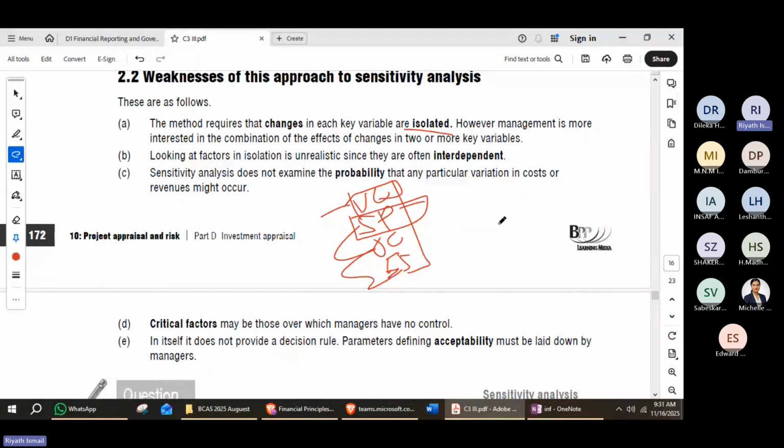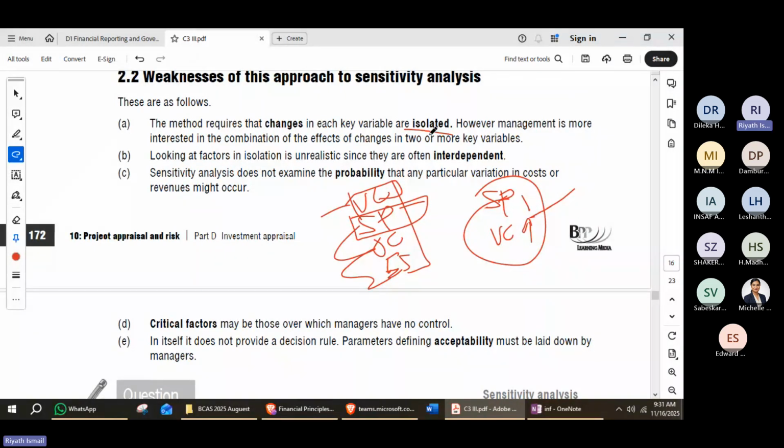But in the practical scenario, employee salary may also go up, selling price may go down, and variable cost may go up. So many variables may change at a time. This is one of the main drawbacks of this sensitivity analysis.